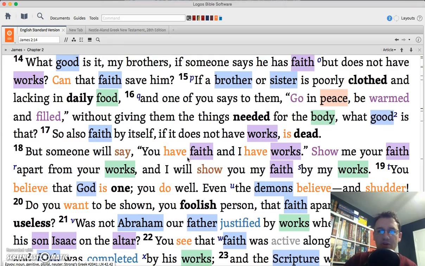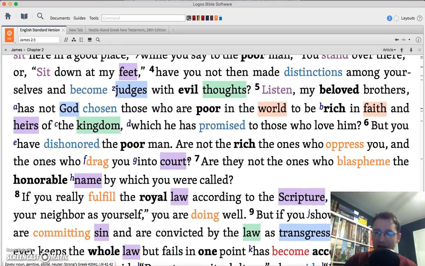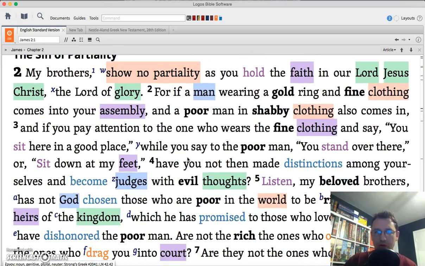Okay? So when we go back then to this opening phrase, my brothers and sisters, hold to the faithfulness of our Lord Jesus Christ, the Lord of glory, with no partiality. Now, one of you made the comment, it is not by Jesus's faith that we are saved. It is by our faith.